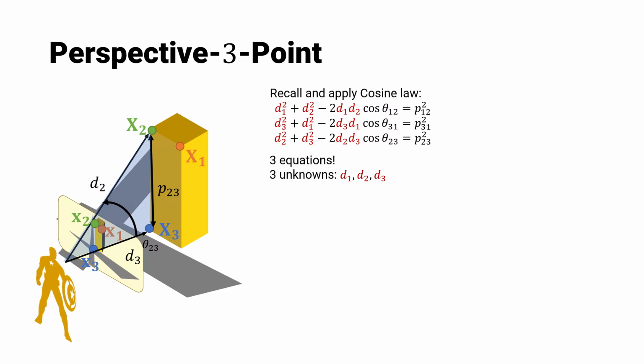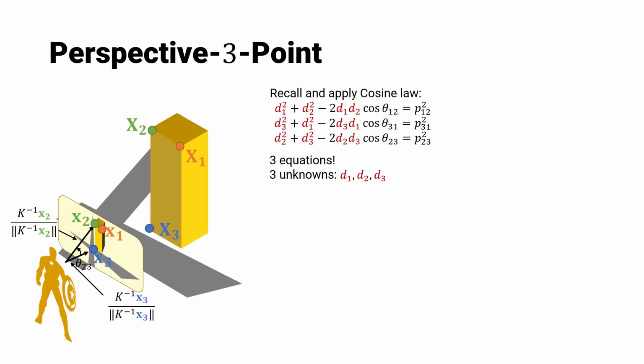We have three unknowns, which are the three distances, d1, d2, d3, which we don't know, and we want to find these out. So this is fairly simple actually, because we know that these rays from Captain America's frame of reference to the image point are obtained through the ray equation from the projection by multiplying and normalizing, and you can obtain the same thing for the other ray.